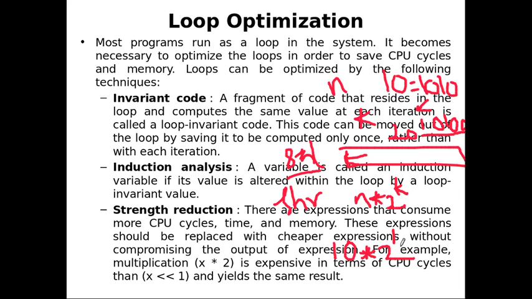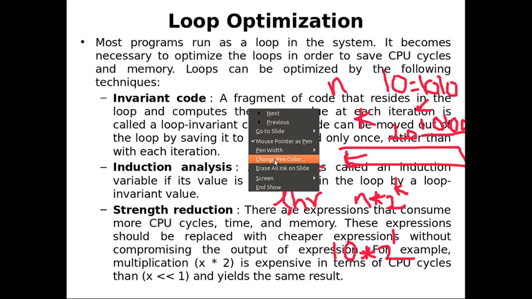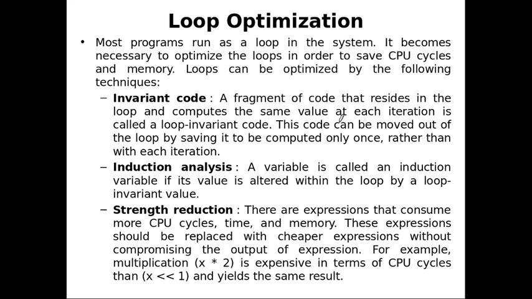So 2 power 1 is 2, 10 into 2 is 20. In the same way, it also works for shift right. Under shift right, the number is divided by 2 power how many bits you shifted towards the right. Okay, that is also strength reduction.